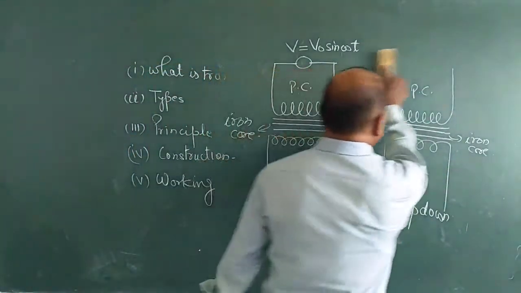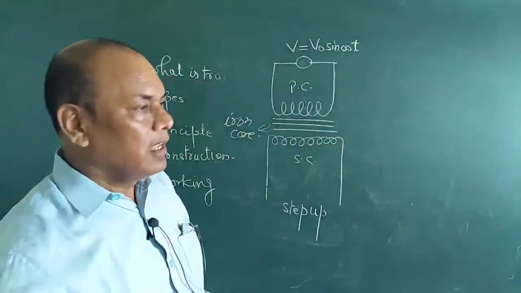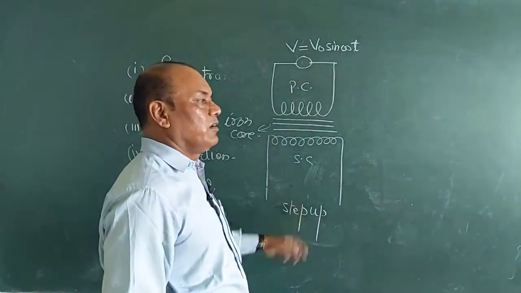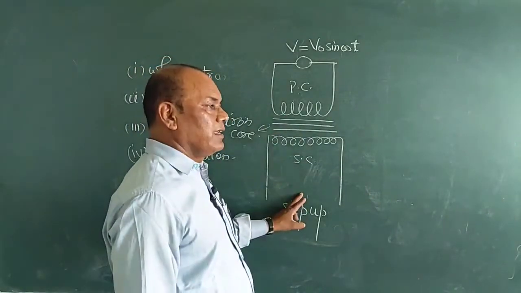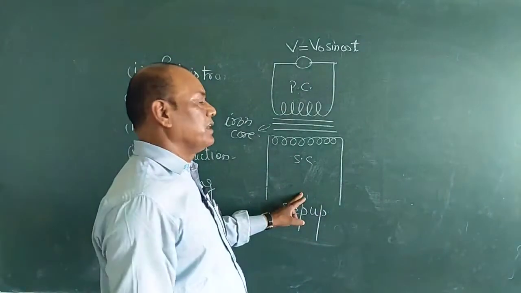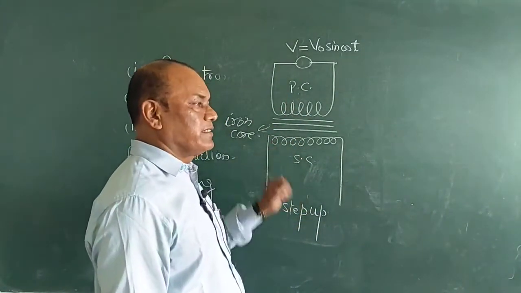Now suppose we consider the ideal condition for the working of this transformer, then we can say there is no magnetic flux loss between these two coils.